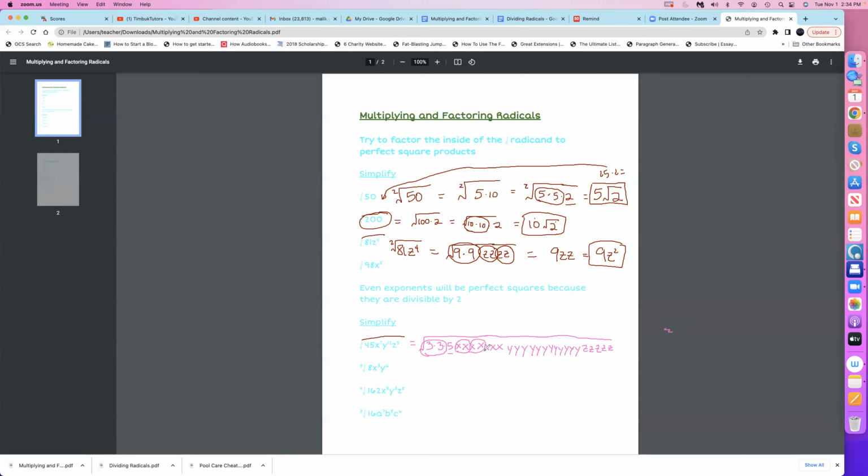Pair of x's. Pair of x's. 1 x left over. Pair of y's. Another pair. Another pair. Out of pairs. Okay, no y's left over.